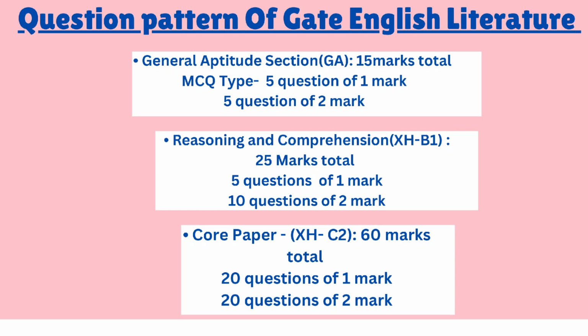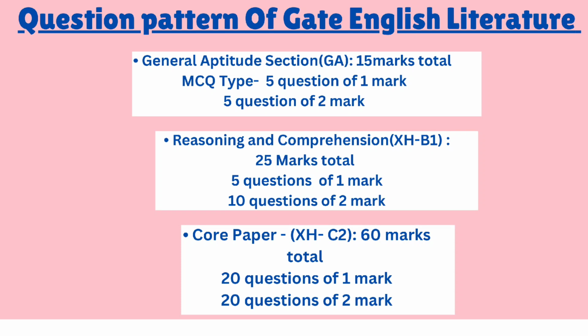If we now talk about the Reasoning and Comprehension section, denoted by XHB1 for our paper, 25 marks in total will be there in this section. So 5 questions of 1 mark and 10 questions of 2 marks. In total it becomes 25 marks. Next, let's move forward and talk about our core paper.